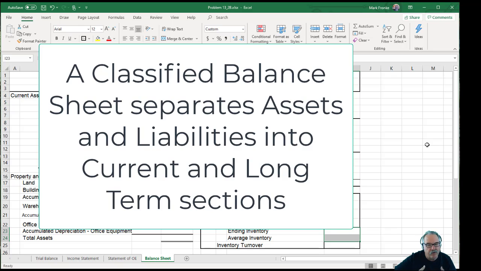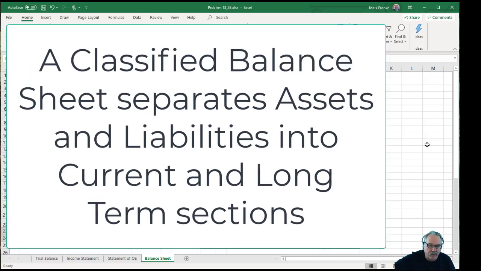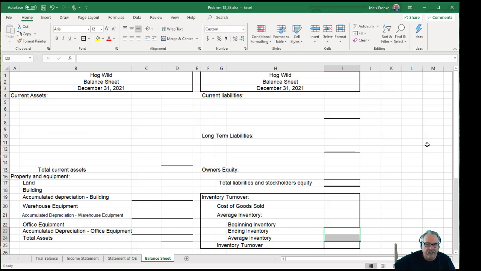If they go out for longer than a year, if it's an asset, we put them in the long-term asset category. If we're going to pay them after 1 year, then they go into a long-term liability. That way we can take a look at current assets, things that are going to be collected or converted into cash in a short period of time, and compare that to current liabilities and show financial strength.